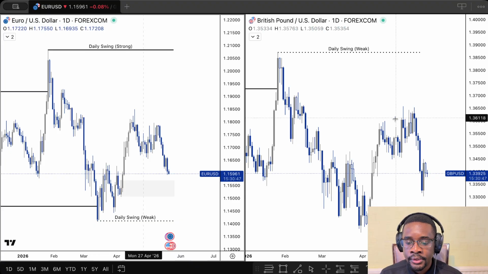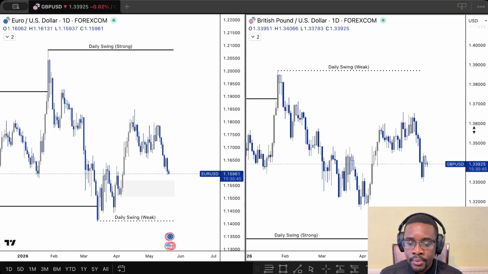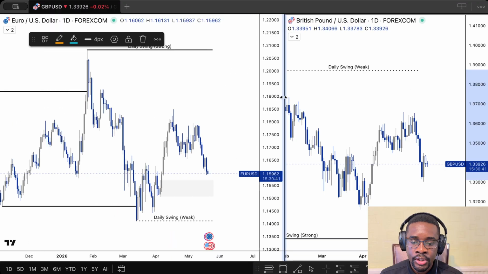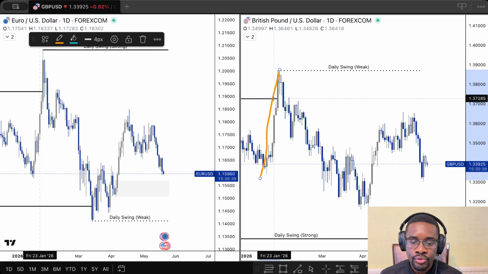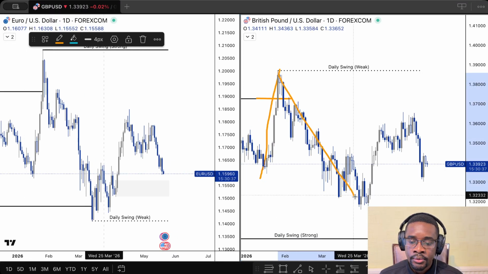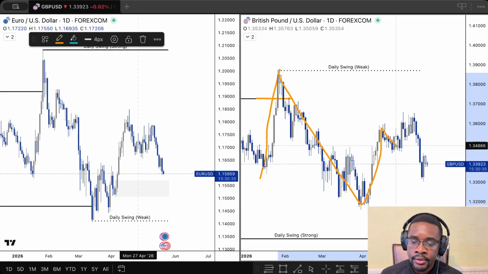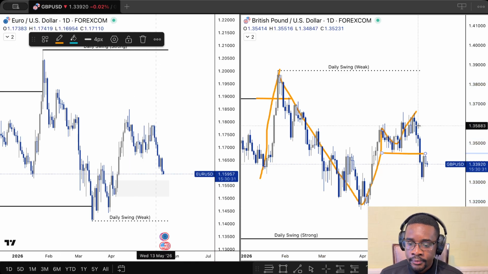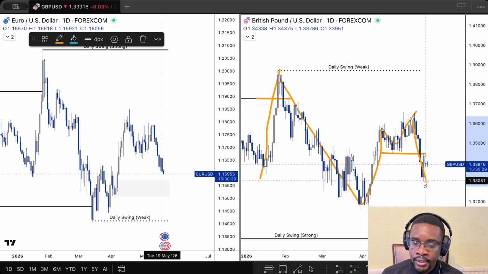And then on the pound, the swing break was bullish, and then we had an internal pullback, and then we had this push up to the upside, and now we're having a strong push to the downside.